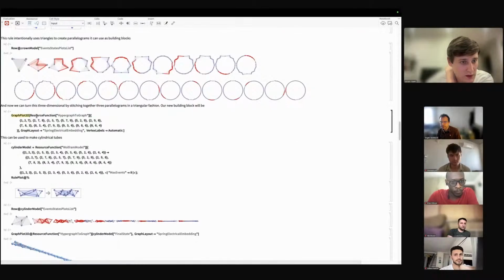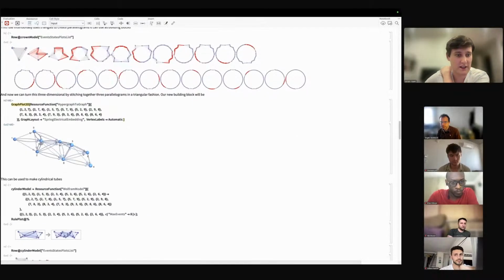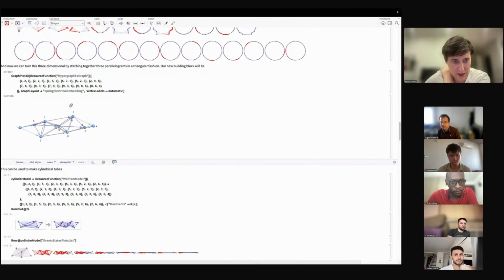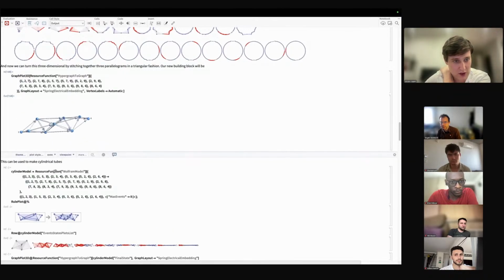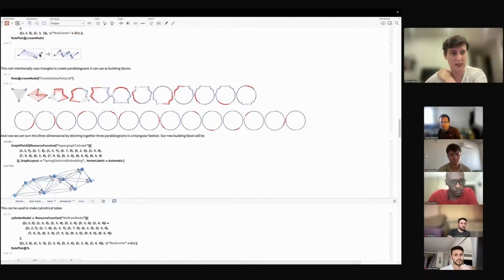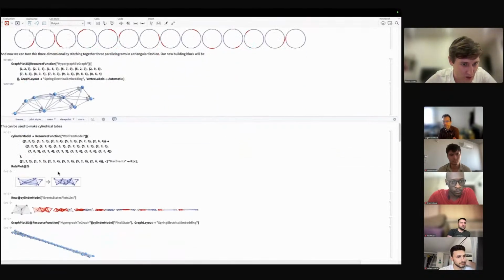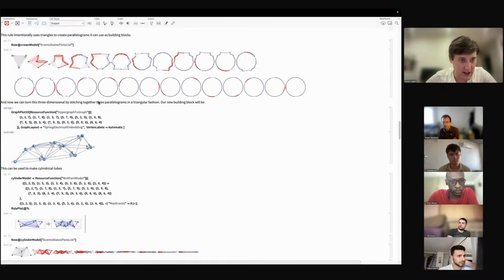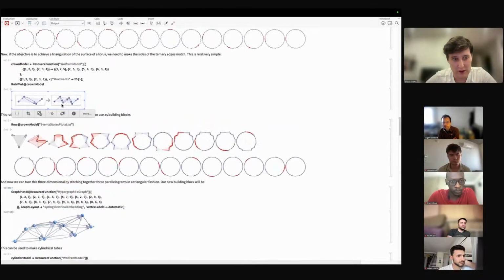Okay, now I want to make it 3D, so I use this element instead, which is just three of these parallelograms stuck together to make a sort of prism. And this is the rule that does exactly this thing, but for three of them stuck together.